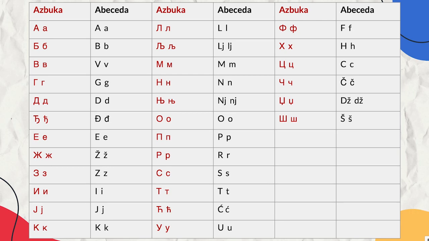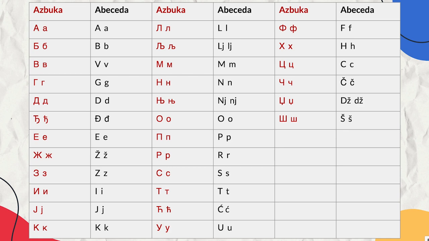Abeceda, on the other hand, is quite common and very frequent, maybe more frequent than Azbuka, when communicating online. Every news article will mostly be written in abeceda and in Latin alphabet. Every message that you can read, every comment on different social platforms will be written in abeceda.